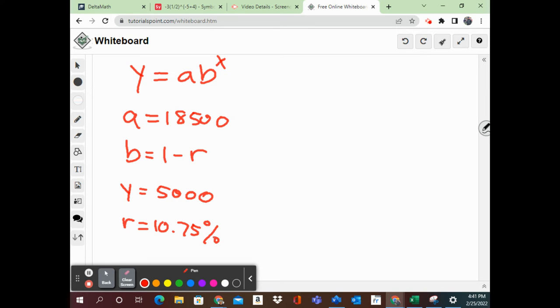Right. All right, so what we want to do first is write our percentage based upon our B, right? So we're going to do 1 minus 0.1075, and that's going to give us a value of 0.8925, right?